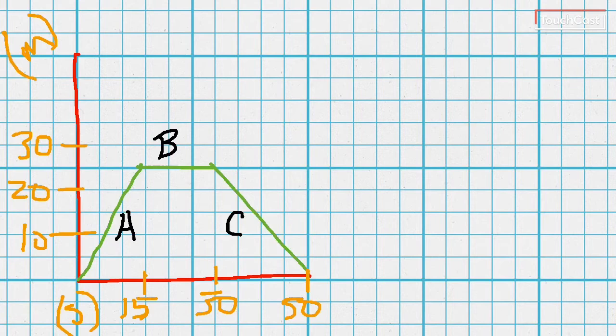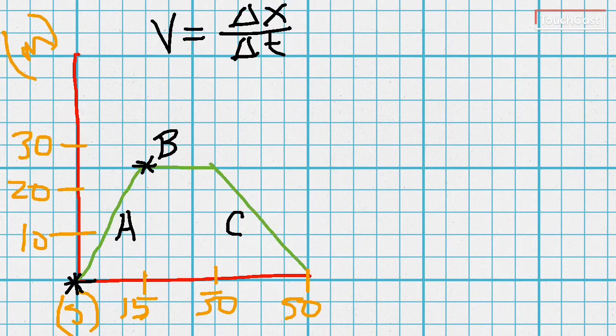Now we're going to use these points to do some math. If we remember our velocity equation, and I'll write it above the graph, velocity equals change in distance or displacement over change in time. Let's solve what the average velocity was for the line of A, which would mean from the start of our graph to the point where A and B meet. What was the average speed of the object moving away from the point of origin?